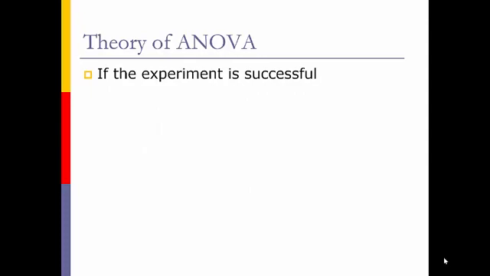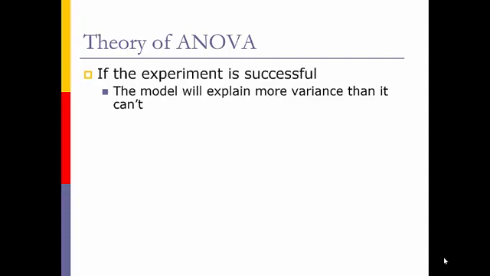If the experiment was successful, we're going to be able to say that we've had more explained variance than non-explained variance, so more explained systematic than non-explained unsystematic, which will essentially mean that the SSM, or our model sum of squares, will be greater than our SSR, or our residual sum of squares.